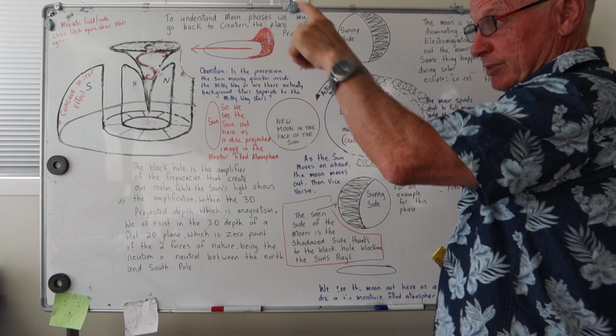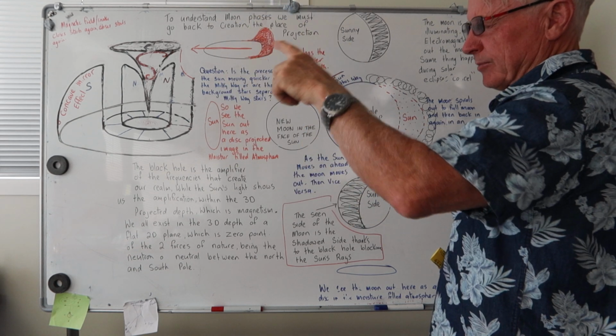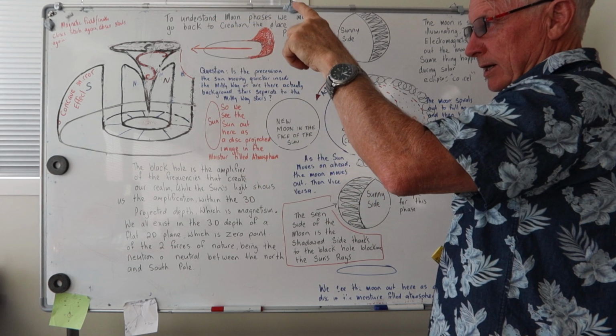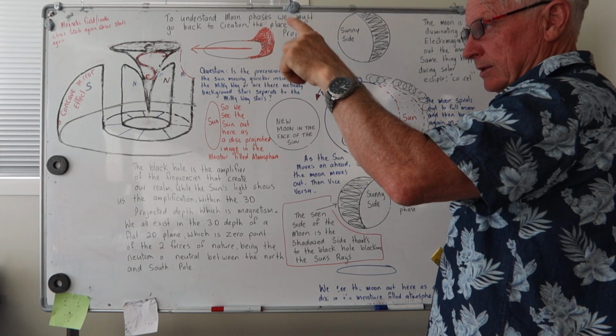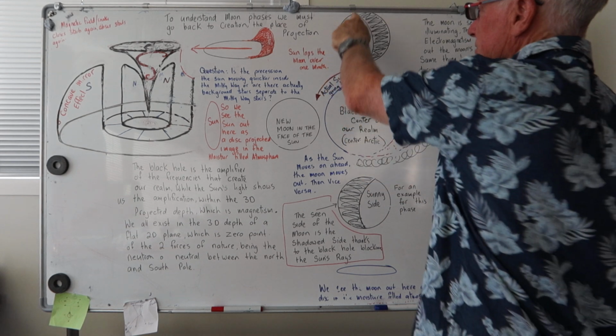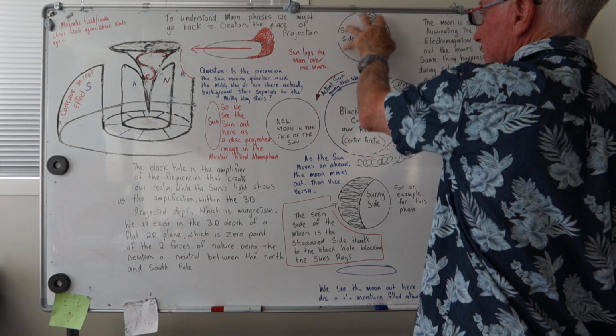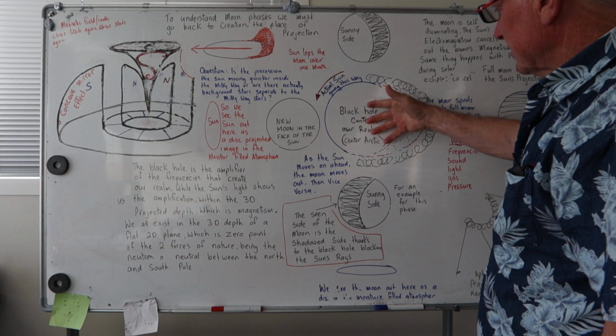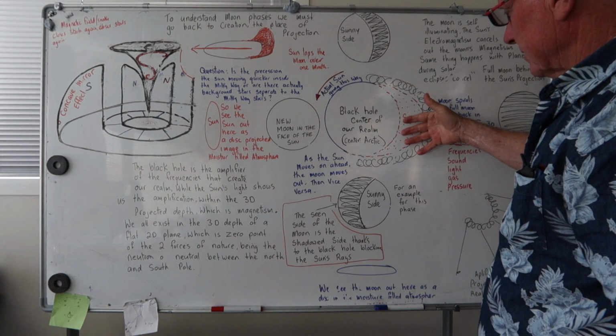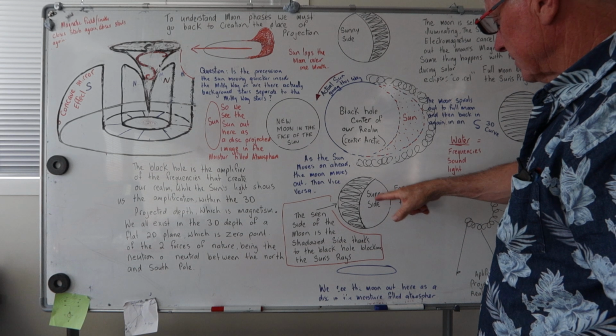Follow the shade line. Compare it with the diameter of the moon. You'll find it's a lot bigger. This arc is a lot bigger than the moon. So there you have it. It's the phasing, okay?